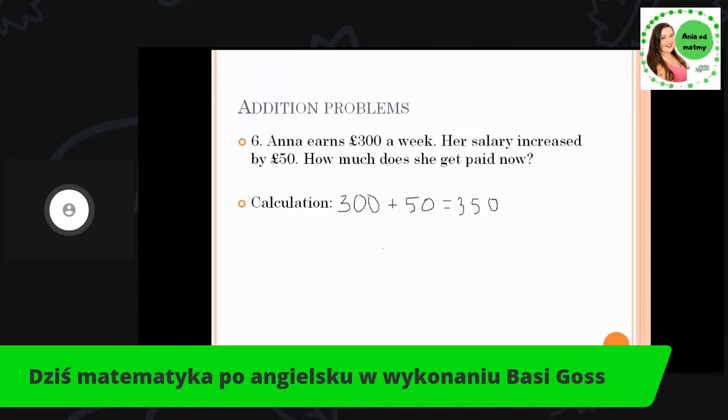Okay, which numbers did we use here? We used the number 300 and 50. So the next step is how we're going to show the check. How are we going to show the check?